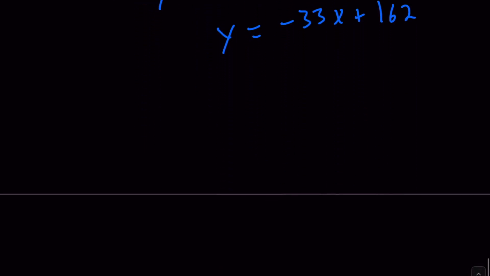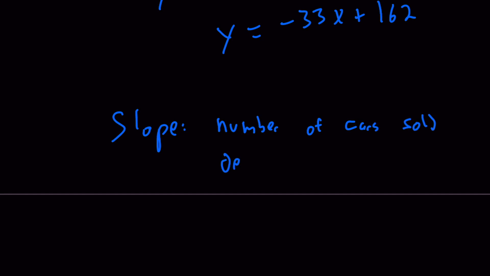So what does that translate to? Well, your slope is negative 33. What that means is the number of cars sold decreased by 33,000 each year.